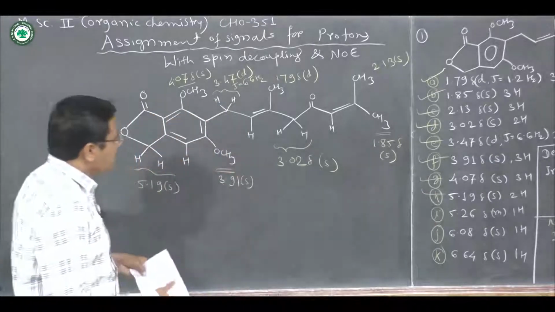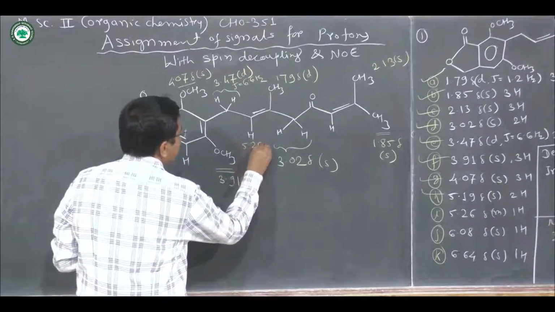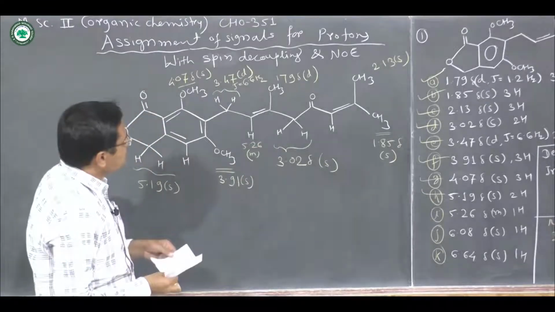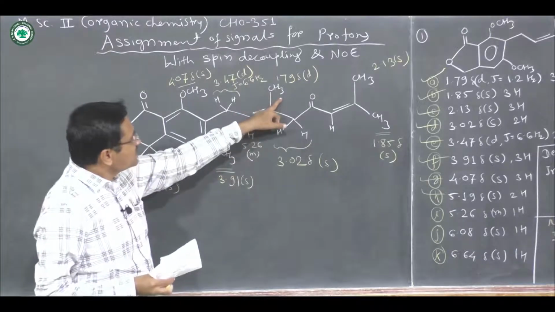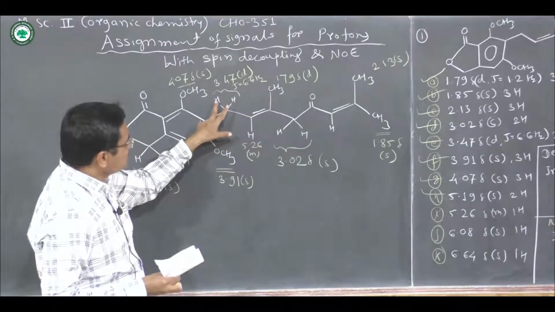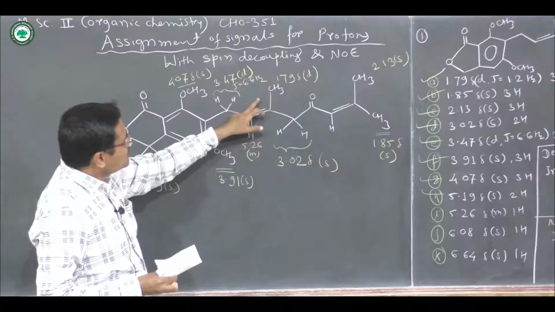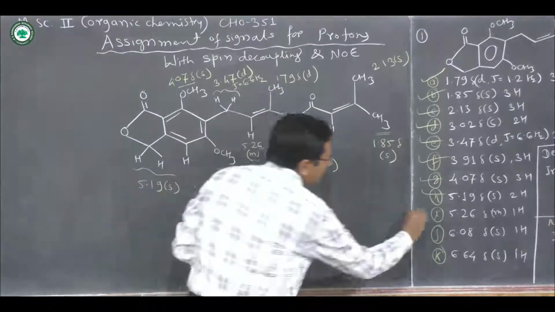Then 5.26 is a multiplet. Why is it a multiplet? Because it is coupled with this CH3 and also with these 2 protons, and hence it gives a multiplet.